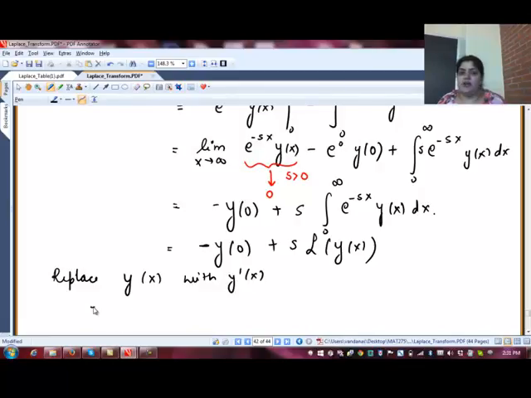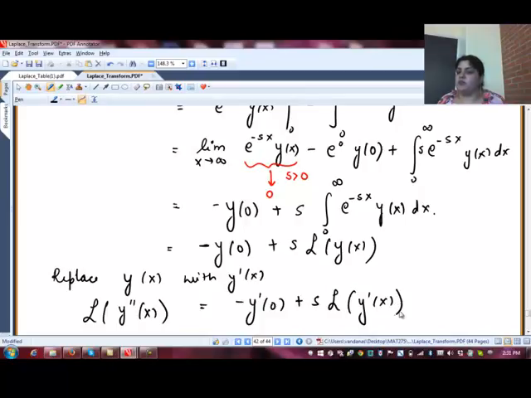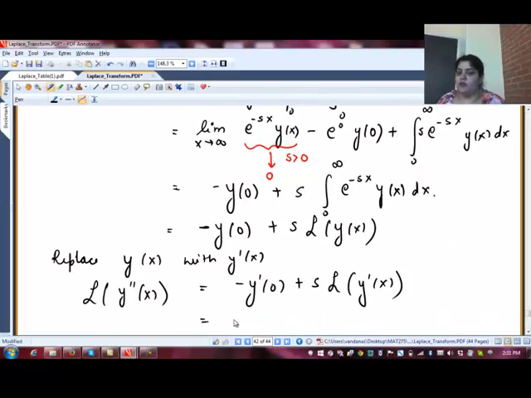And if you do that, your expression is: Laplace transform of y double prime is minus y prime 0 from here, plus s times the Laplace transform of y prime of x. And that's just what we exactly computed up here. So we will just place it here: minus y0 plus s times the Laplace transform of yx.